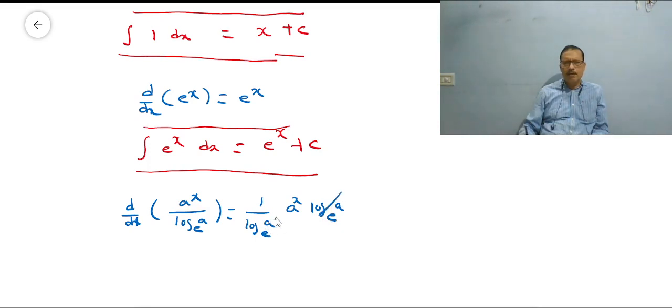So log a base e gets cancelled. That is equal to a power x. Here a is greater than 0 and a is not equal to 1, because the domain of the log function is always positive real numbers.